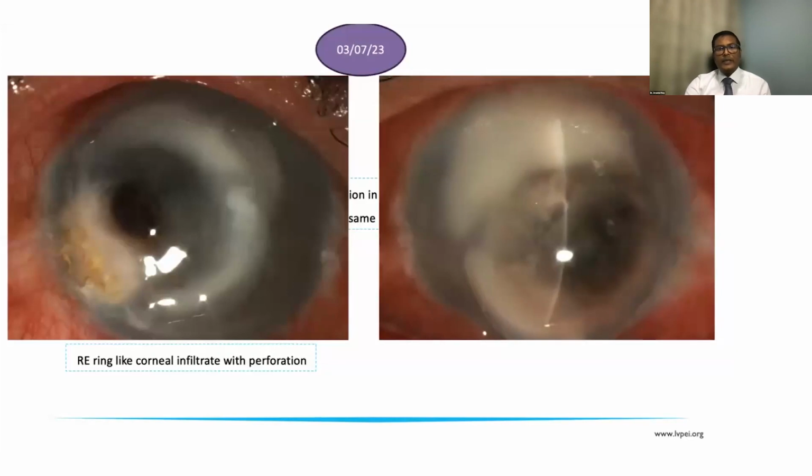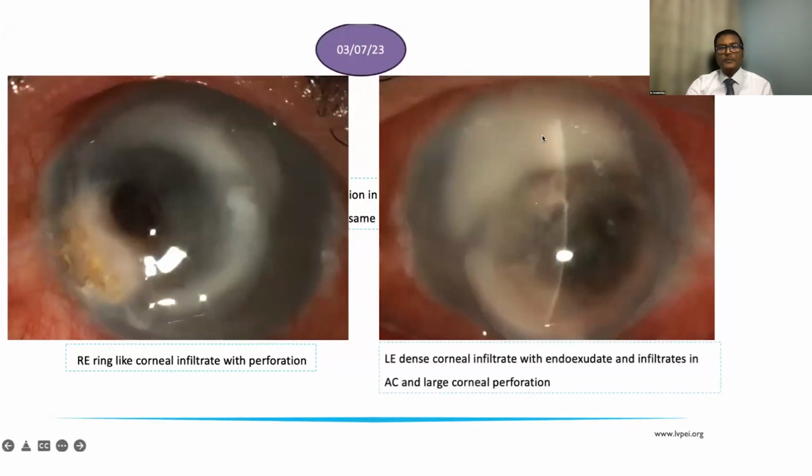The eye we were treating, the left eye, also had a perforation with a pseudocornea and a very dense and unhealthy appearing cornea with a dense infiltrate, extending right up to the superior limbus.